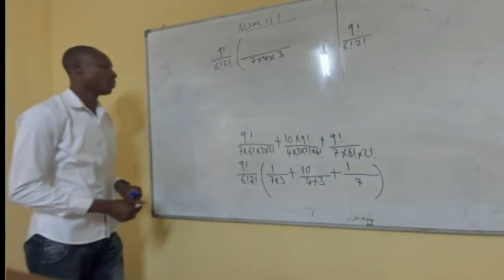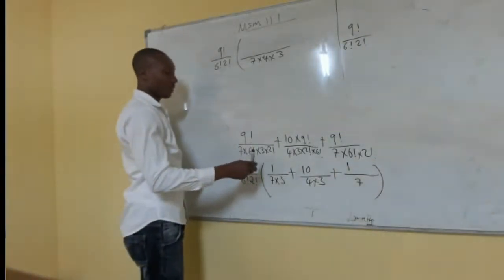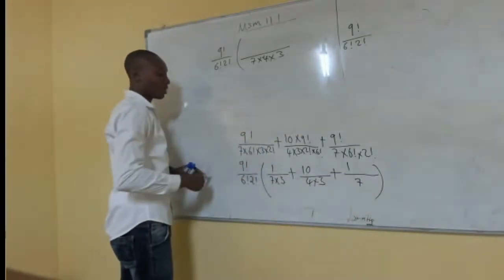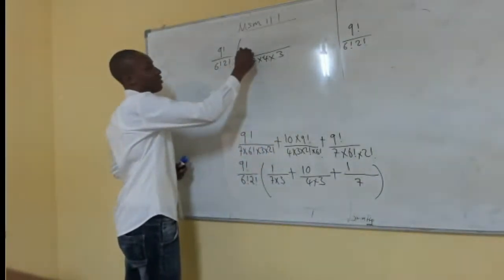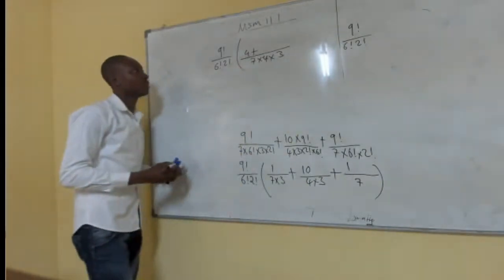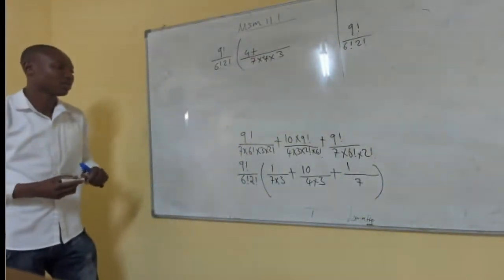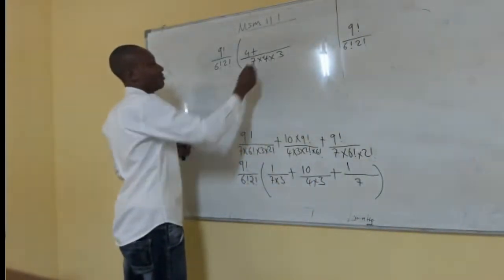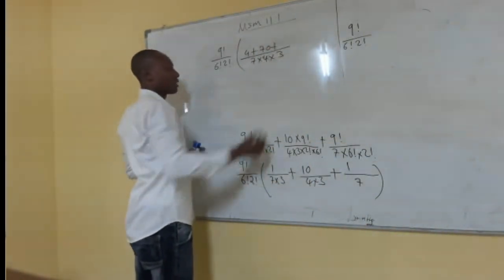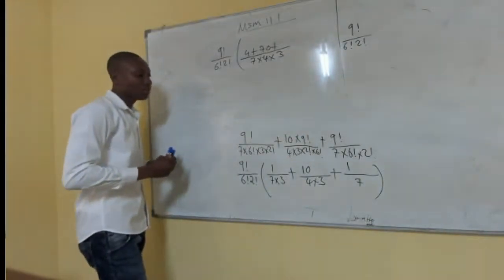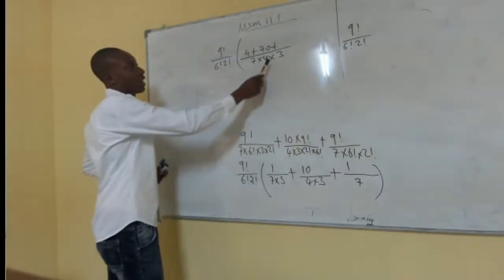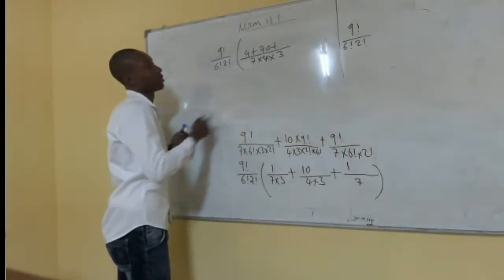Okay, so now we're saying this is a common denominator. When you divide times 1, you end up having 4 plus this is 70 plus 7 here, so it's 12.